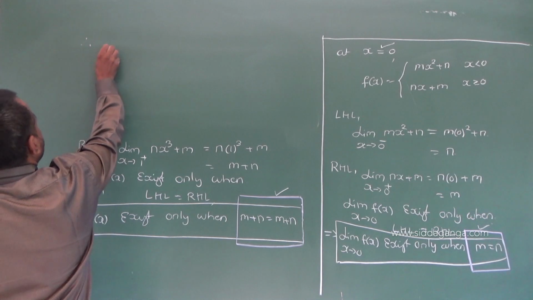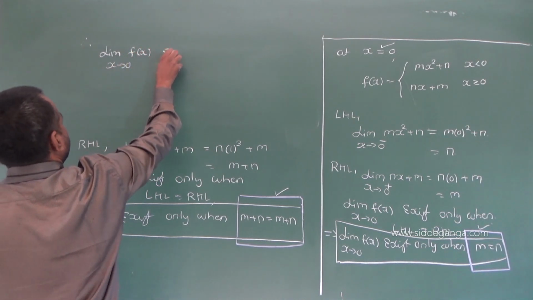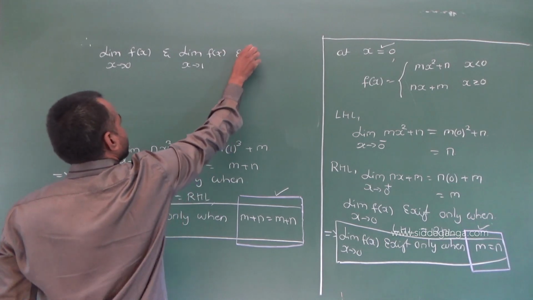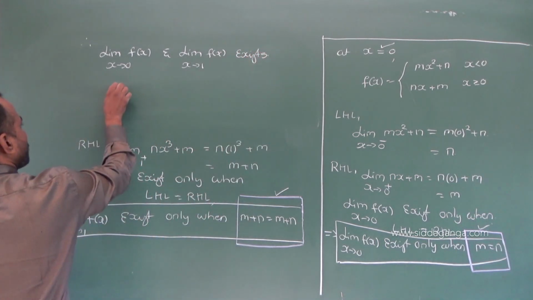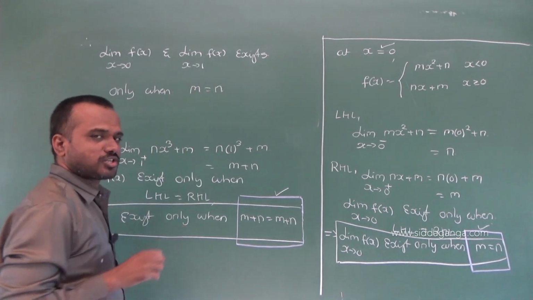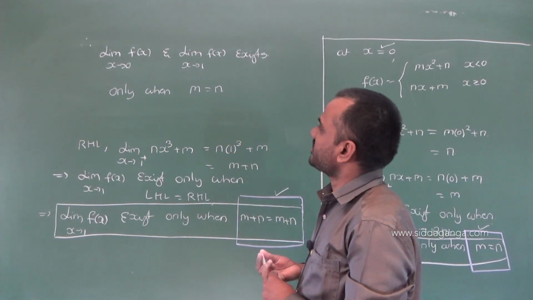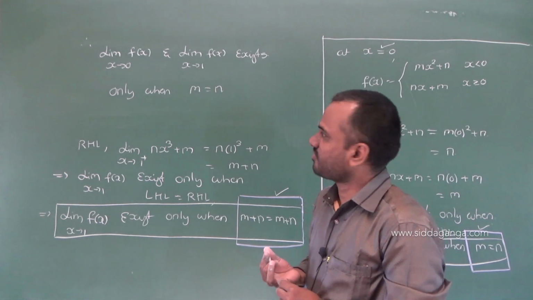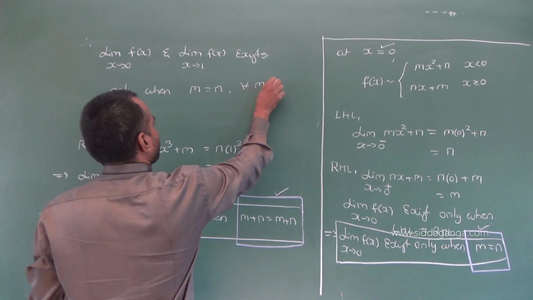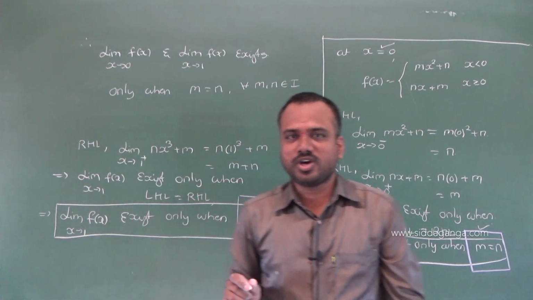Therefore, the limit as x tends to 0 of f of x and the limit as x tends to 1 of f of x exist only when m is equal to n. Correct? Both the limits exist only when m is equal to n, for all m, n belonging to I, where I means integers.